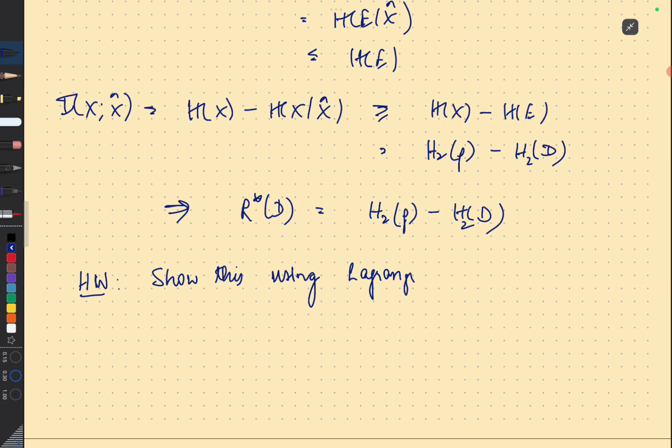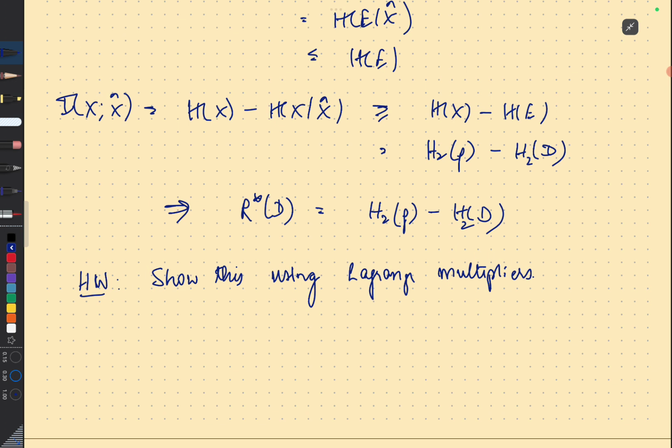Try to show this using Lagrange multipliers. Try to set up the constrained optimization problem, define the Lagrangian, and using Lagrange multipliers try to solve this optimization problem.